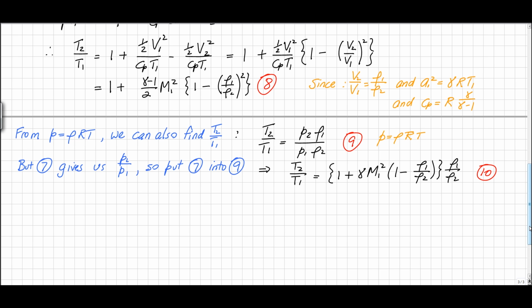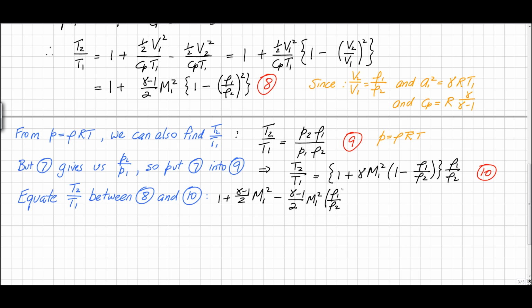Now there are two expressions for T2 over T1, one from up here in equation 8 and one here in equation 10. Let's equate the expressions for T2 over T1 between 8 and 10. Starting with equation 8 and expanding it a little bit, we get 1 plus (gamma minus 1) over 2 M1 squared minus (gamma minus 1) over 2 M1 squared times (rho 1 over rho 2) all squared.